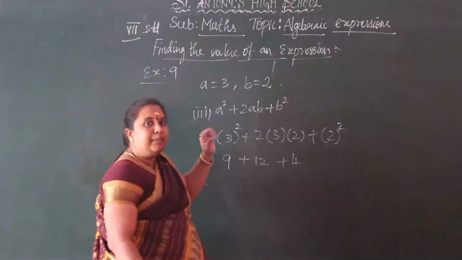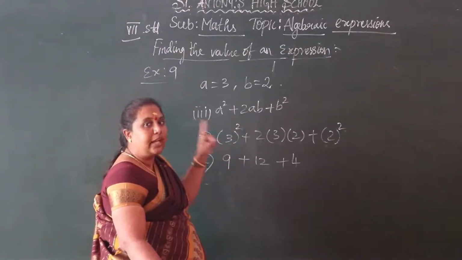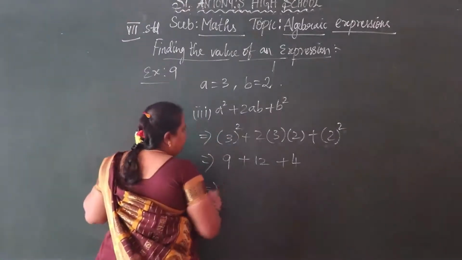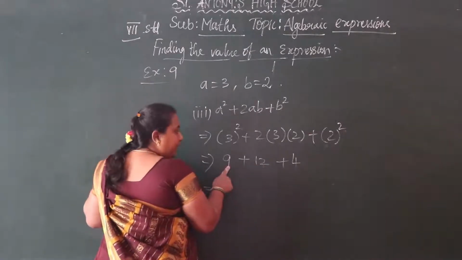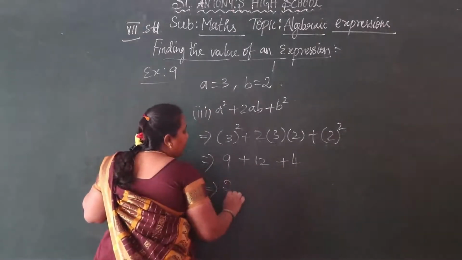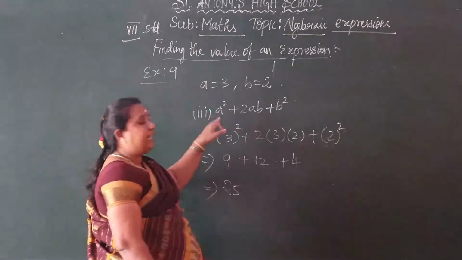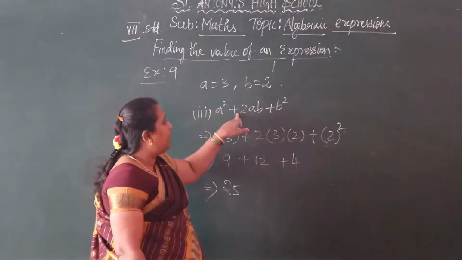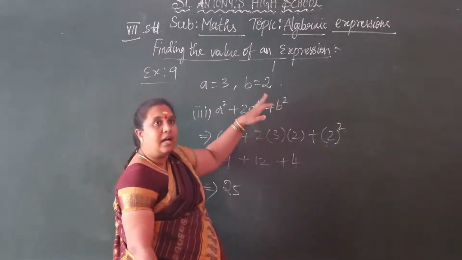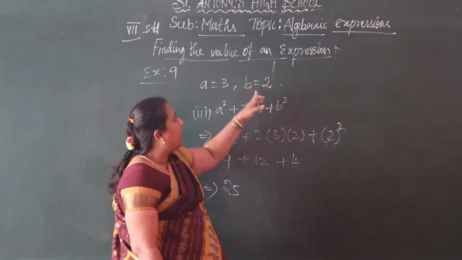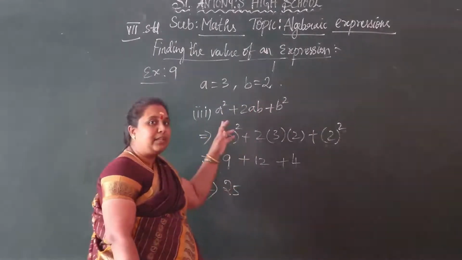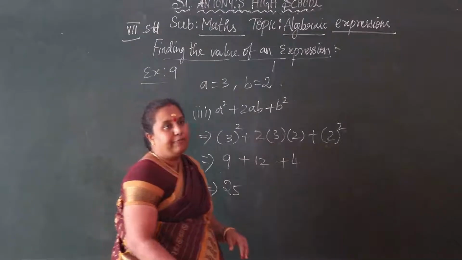See, multiplication also you can do carefully. So 12 plus 9, 21, 21 plus 4, 25. So the value of the given expression, a square plus 2ab plus b square, with a equal to 3 and b equal to 2, is 25.